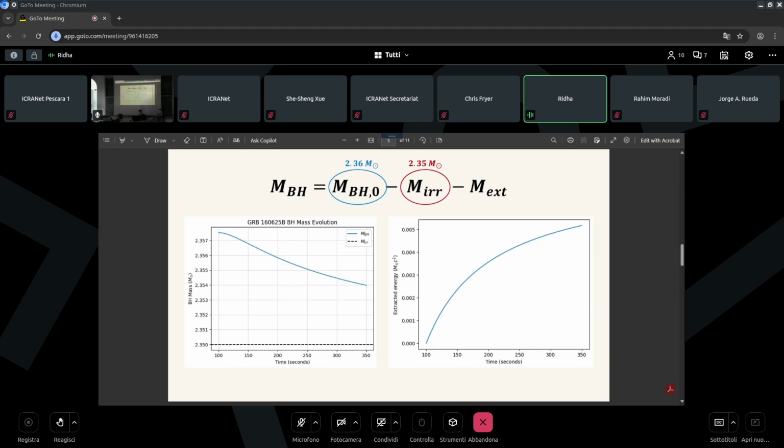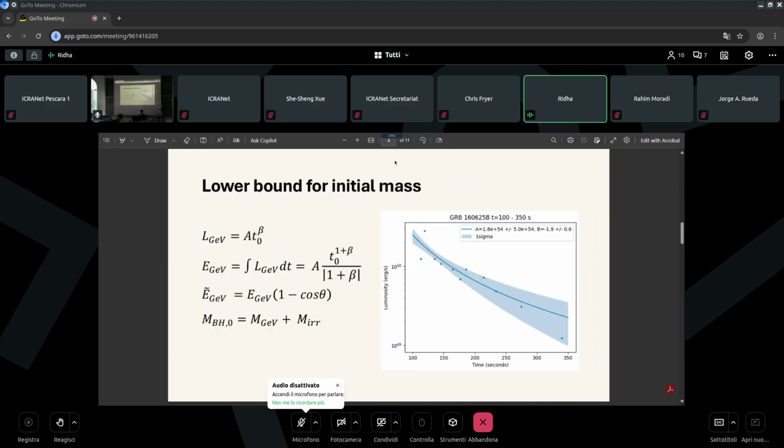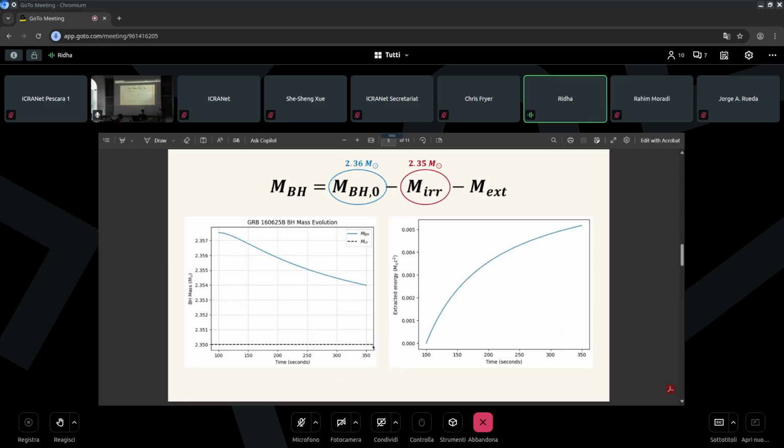So that gives us the lower limit, and finally, the extracted energy is obtained from the energy that we get at any moment t from the data. So in this way, we calculate the extracted energy from 100 seconds to 350 seconds in this case, the period of observation, and then we estimate the black hole mass in that period.